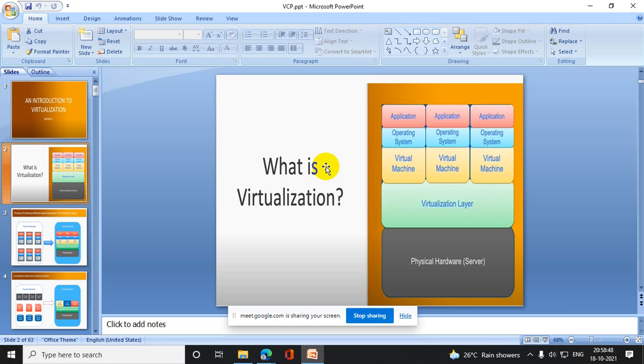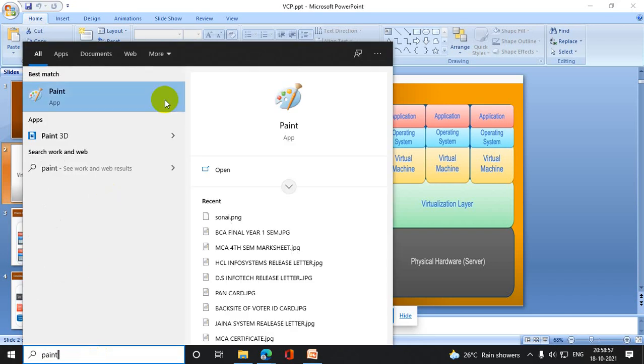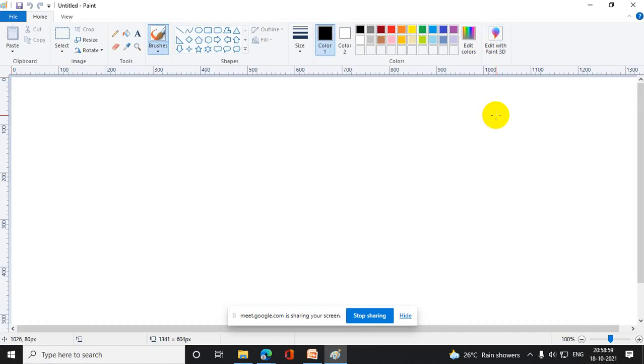So virtualization, basically what exactly is that? We already know, right? It's actually reducing the cost of hosting the servers. That means for the number of servers, basically what we provide is support for the infrastructure and the applications, right?